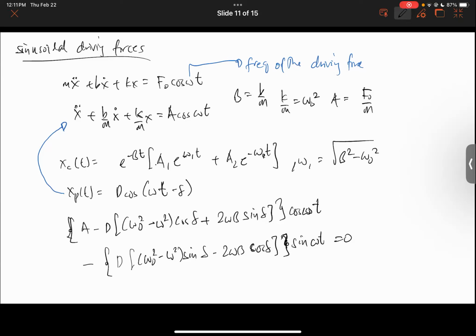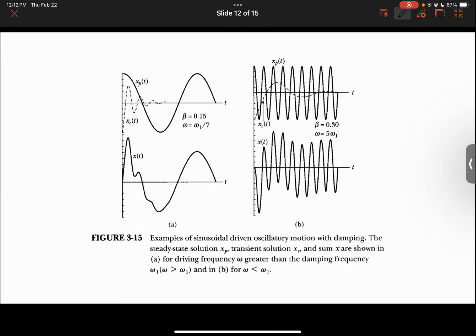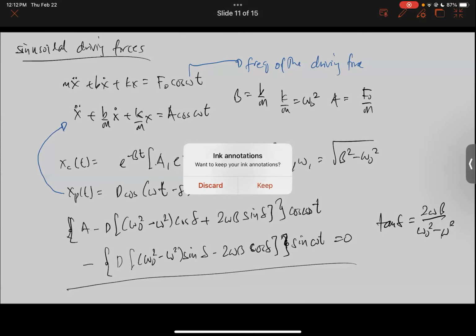Okay, so ano yung delta na yan? Yung delta is actually 2 omega beta divided by omega naught squared minus omega squared. Okay, and from this equation we can actually solve for d.